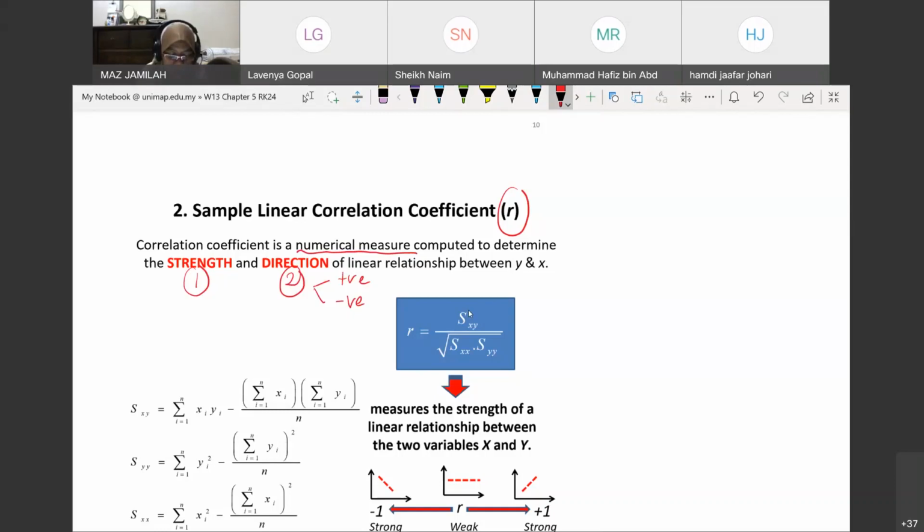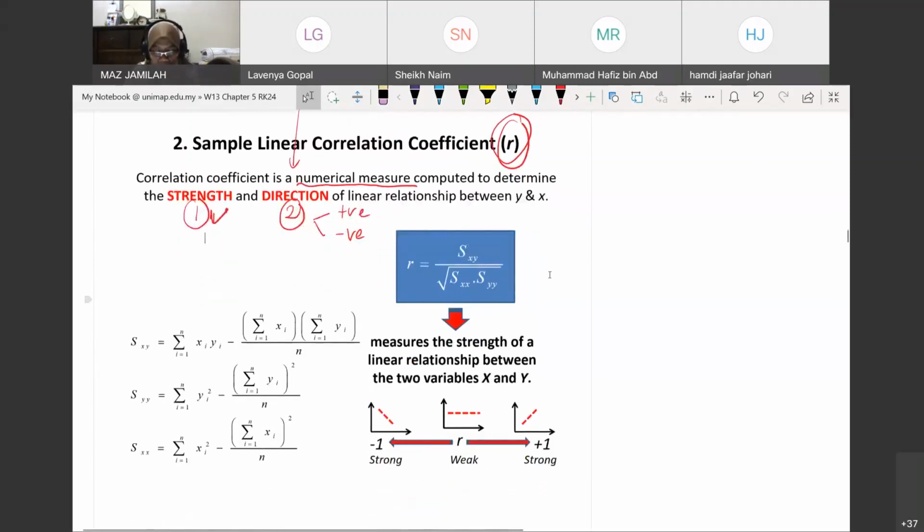The direction is given by your scatter plot just now. The scatter plot cannot tell you the strength, it only shows the direction of the relationship. So why do we need R? Because R can tell you the strength and the direction of the relationship between X and Y. So how is R computed?